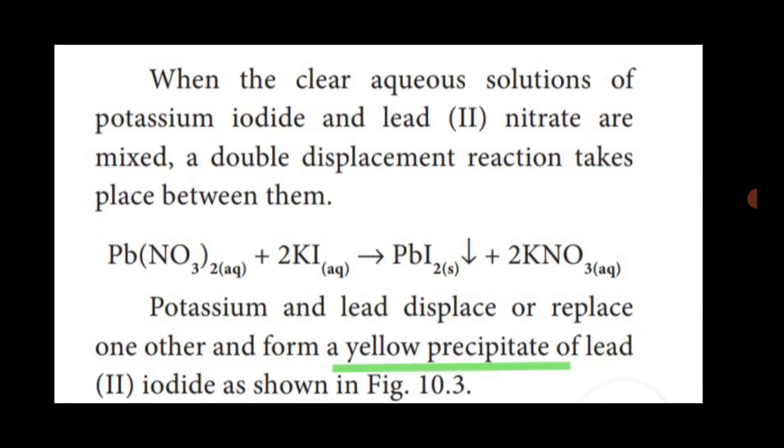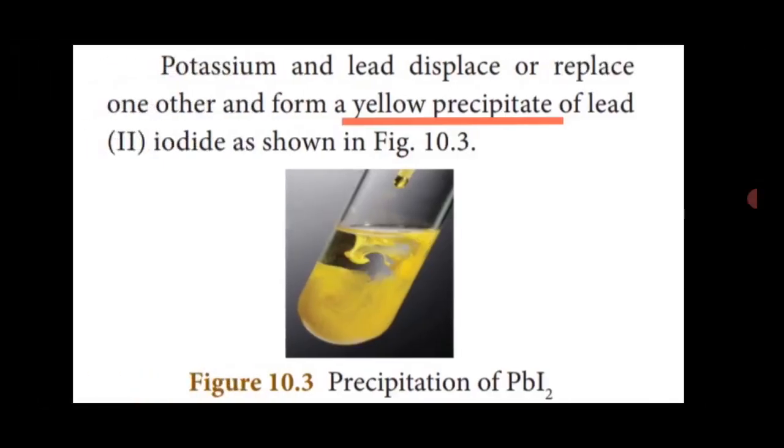So potassium and lead displaced or replaced one another and form a yellow precipitate of lead iodide. Lead iodide is yellow in color.